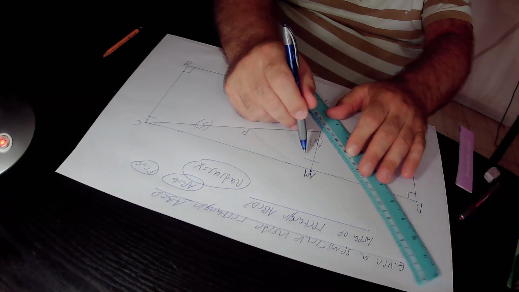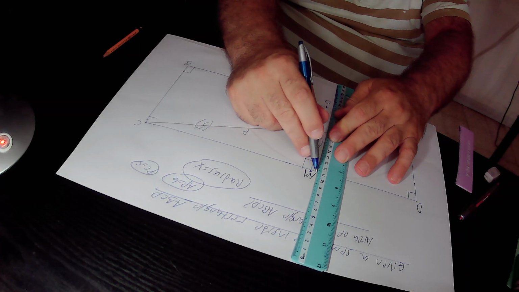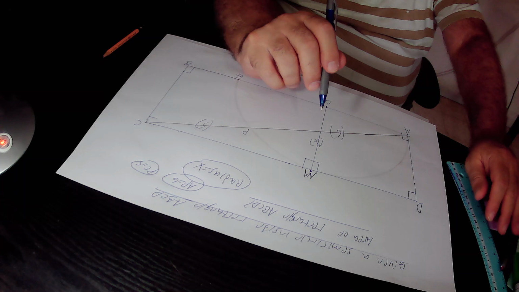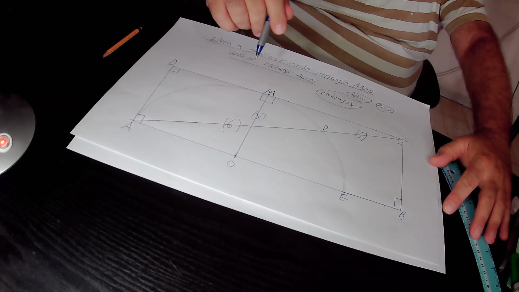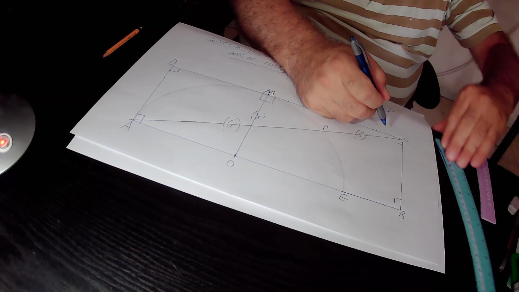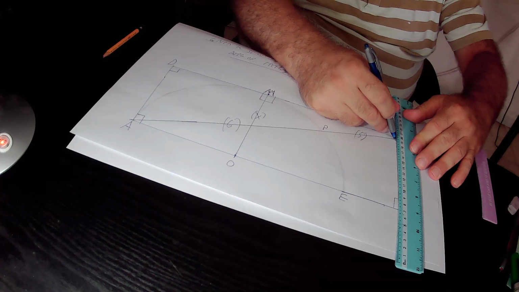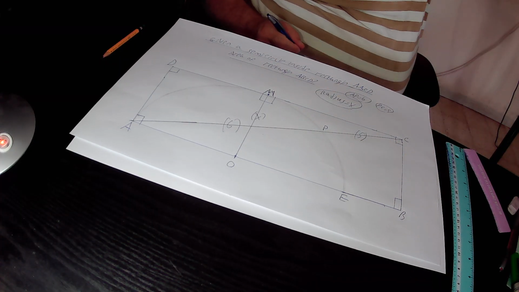If DC is perpendicular to MO, it means that this angle equals 90 degrees. And this angle also equals 90 degrees according to rule 1. By doing this construction, we get quadrilateral MCBO. Inside this quadrilateral MCBO, we have 1, 2, 3 right angles.